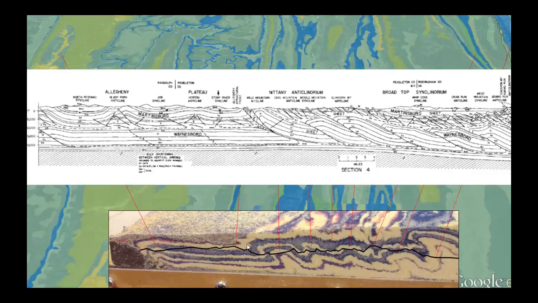So this model again is not perfect, but by controlling where I put strength within the layer pack, I'm able to produce a structural style that is fairly representative of what's actually been identified in this particular area.